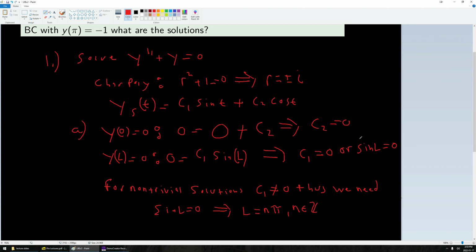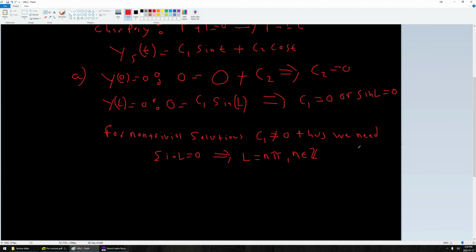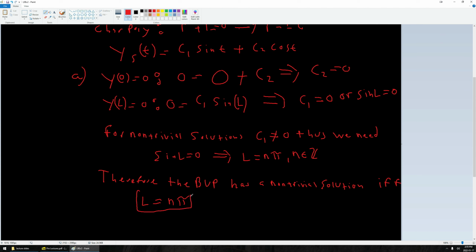Okay, so thus we can conclude by saying, therefore, the boundary value problem has a non-trivial solution if and only if L is equal to n pi. Okay, so for this case, there always is a solution, right? But there's going to be this non-trivial solution only in this case.